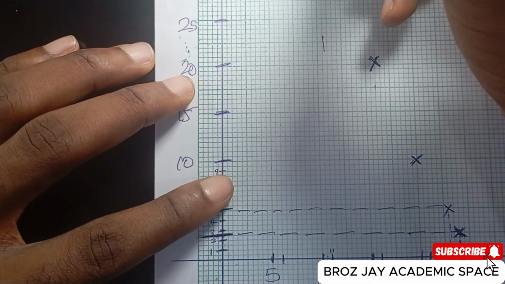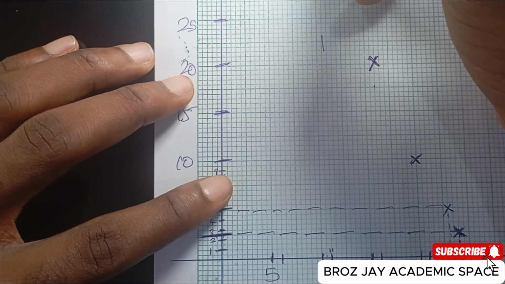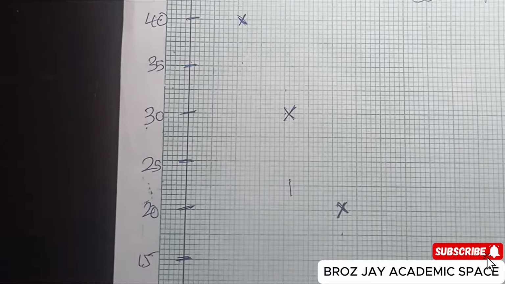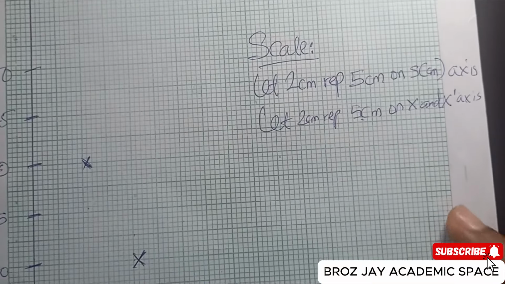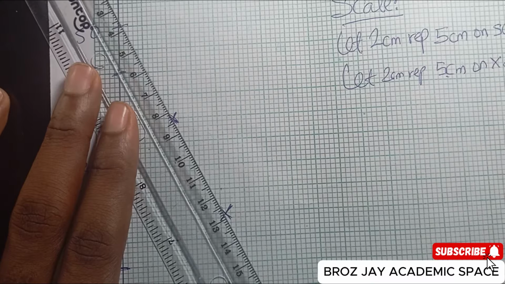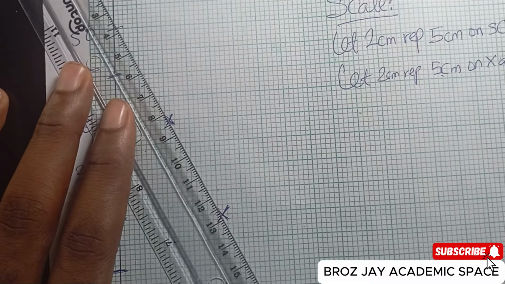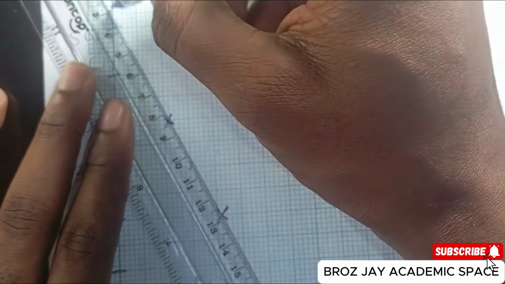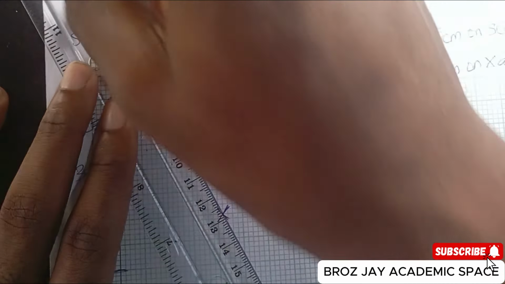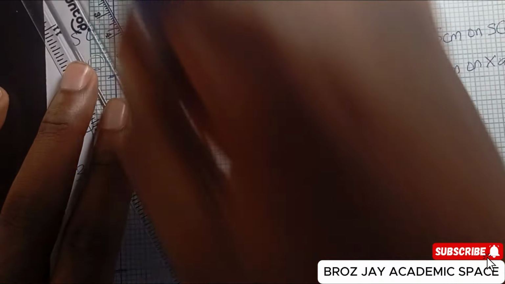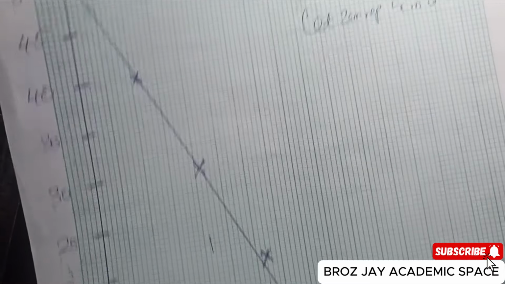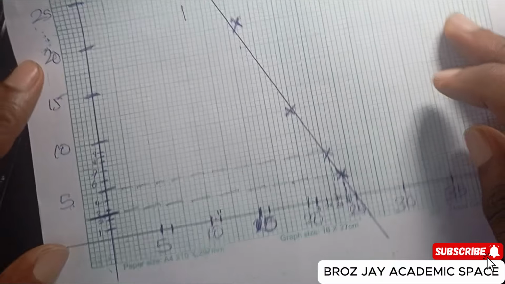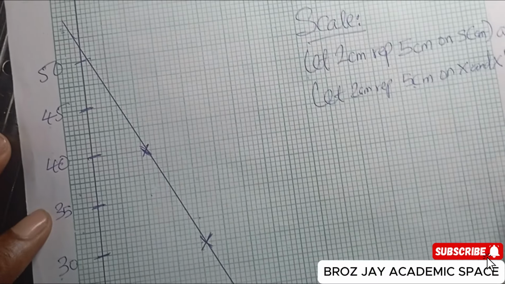Yeah, here it is. I'm done plotting my first graph. So I'll pick it and I'll roll it straight. This is perfect. And that's the first one.